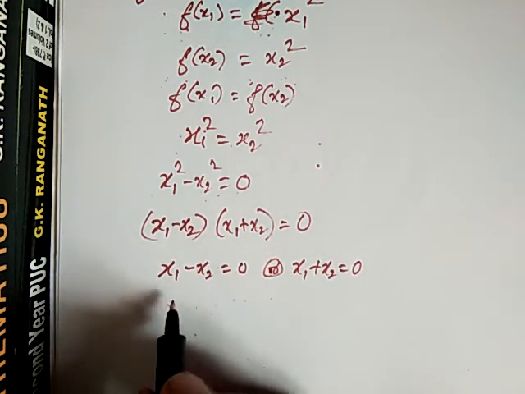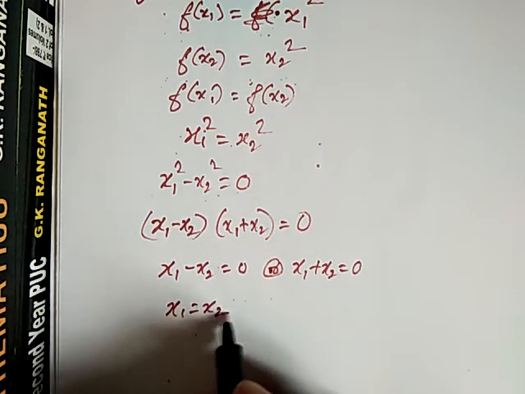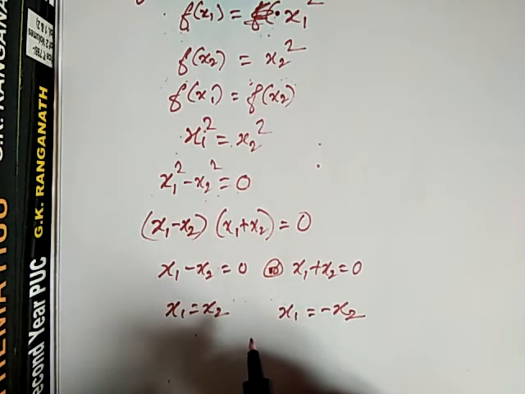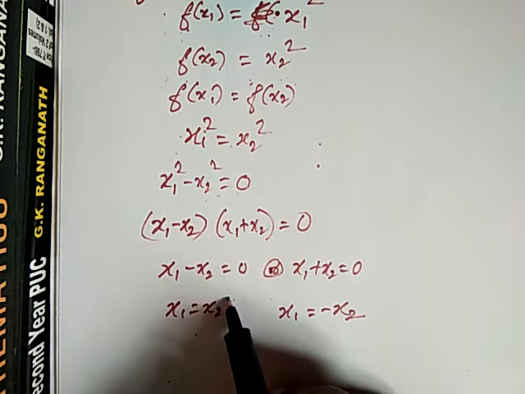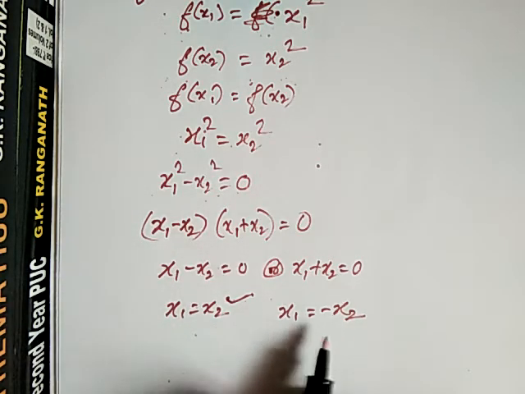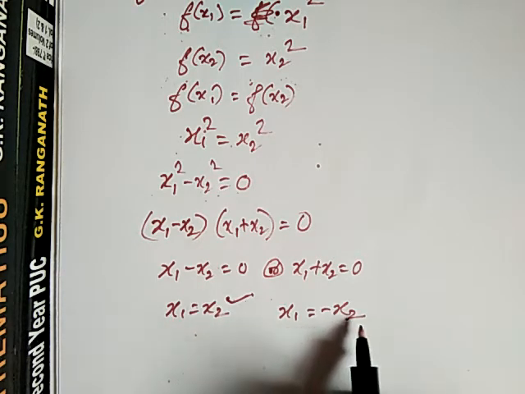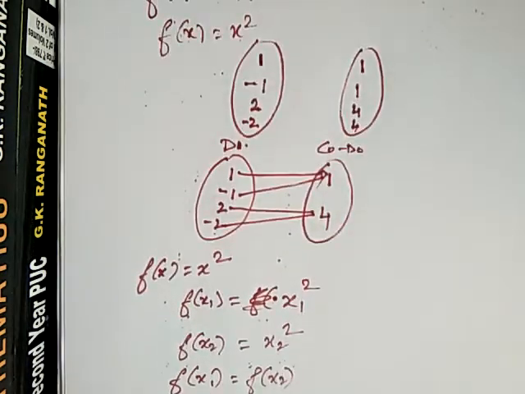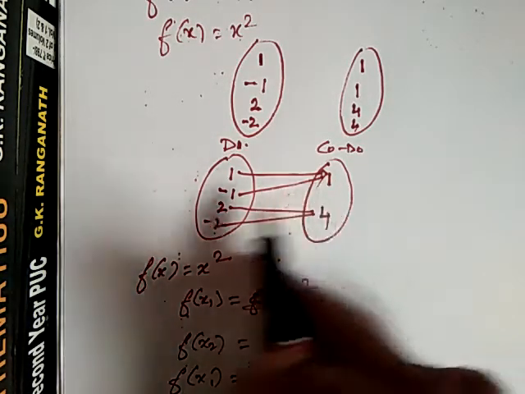So here x1 is equal to x2, and here x1 is equal to minus x2. To say it is one-one, we should get only x1 is equal to x2, but here two different values are there. So many elements are forming to have only one image in the codomain like this.